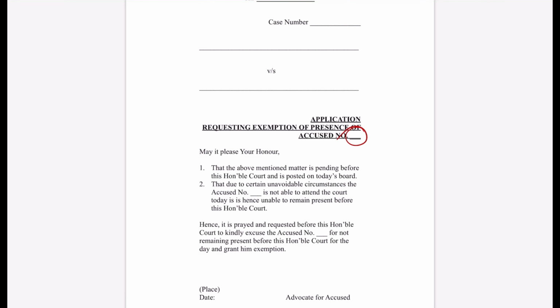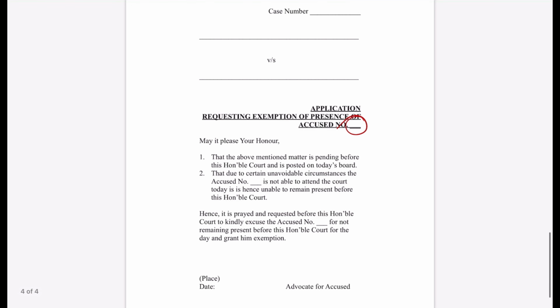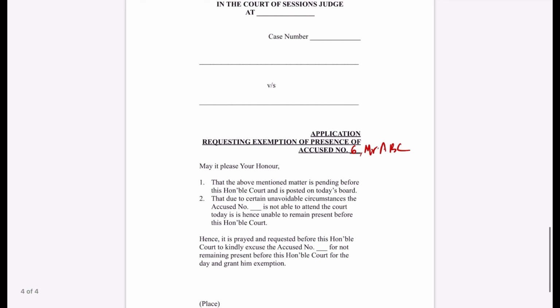In cases where you have more than one accused, you are specifically required to mention the number of the accused, and for more convenience, you can also write the name of the accused, for example accused number 6, Mr. ABC. Why this is very important: often, if there are six or more accused in one single case, and not every accused is remaining present, the court clerks sometimes accidentally issue a warrant even against those accused who have remained present for every date.